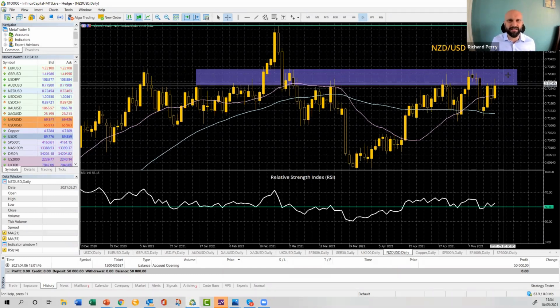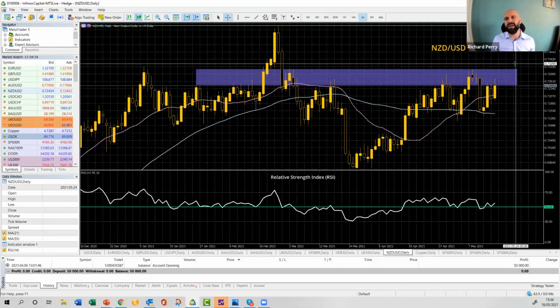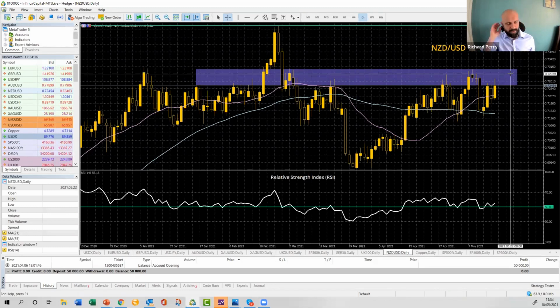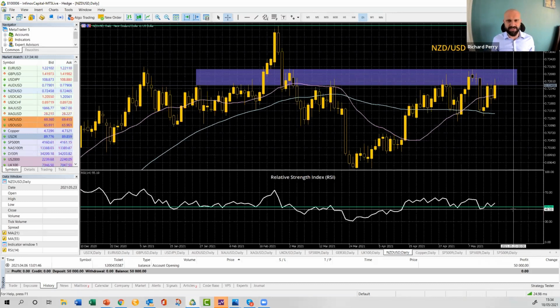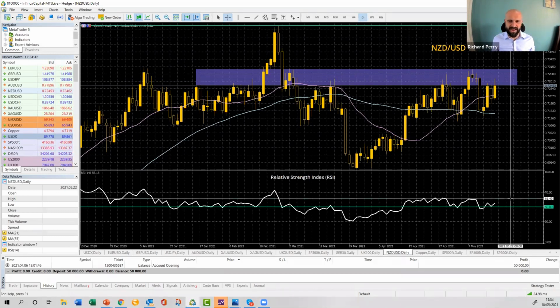You might see a little poke above that, but again, I wouldn't be looking for a breakout to be lasting too long. I think, again, similar look to the momentum on Kiwi, that 45 up towards 60 area on the RSI is a slight positive bias, but nothing decisive.